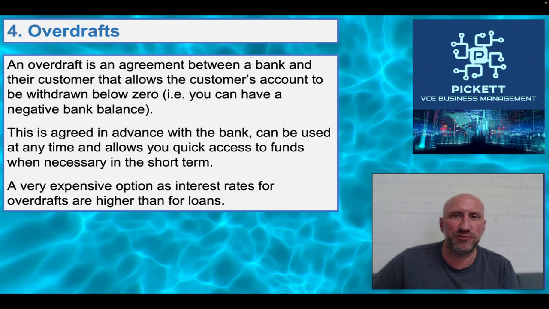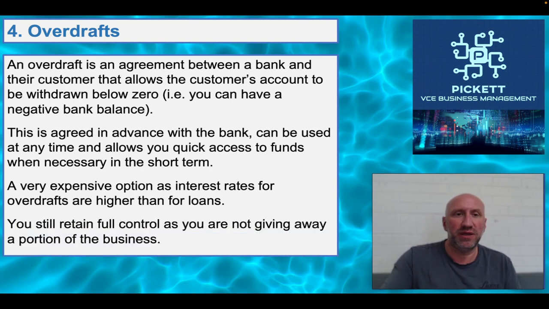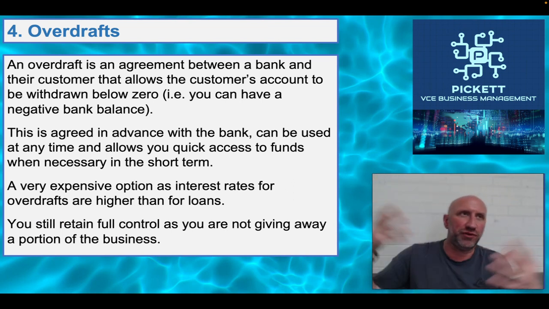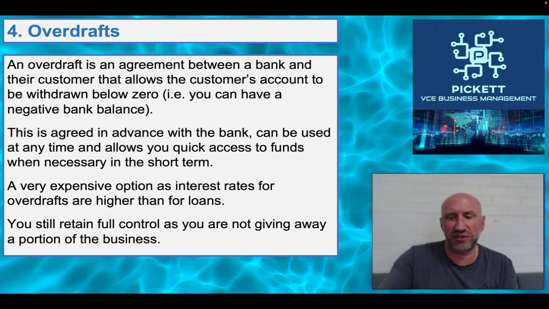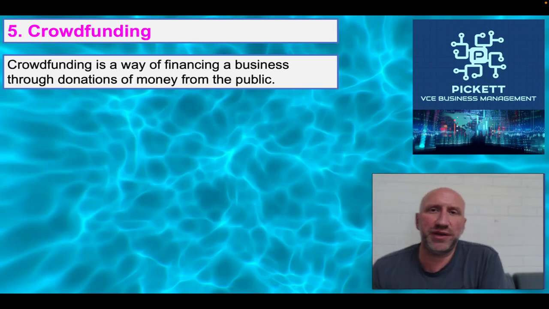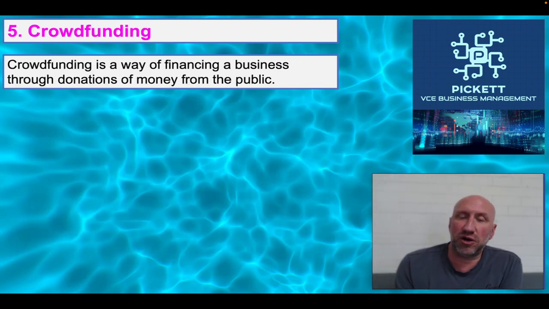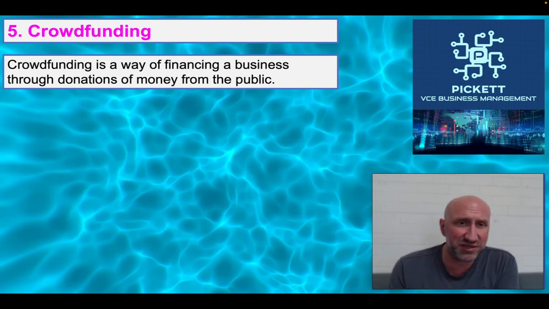So it's an expensive way to access money. Again, though, you still retain full control because you're not giving away a portion of the business, unlike with equity. So you've got to think of all these different options: if I go down this option, what are the advantages or the disadvantages? And the fifth one is the newest type of sourcing finance, crowdfunding.